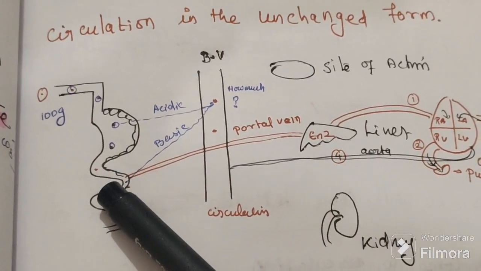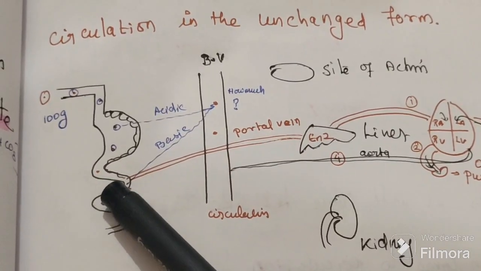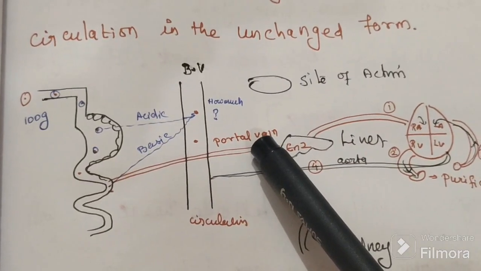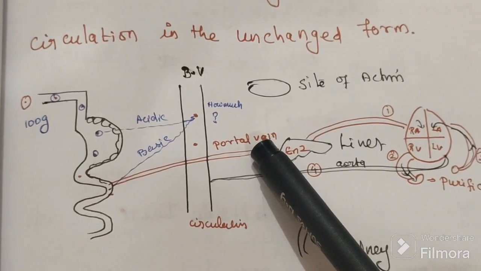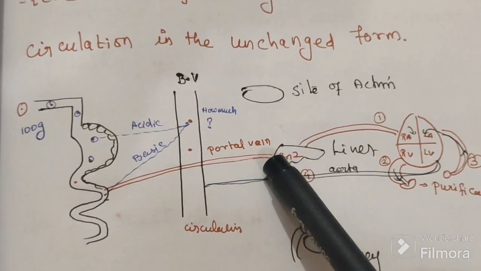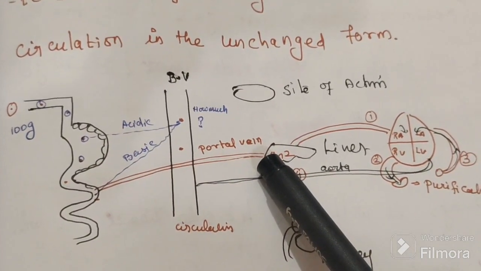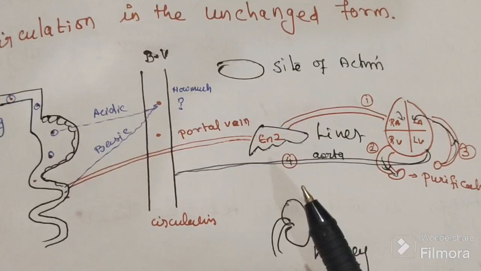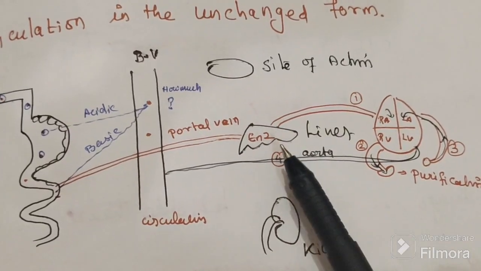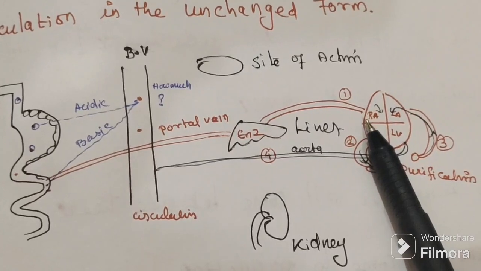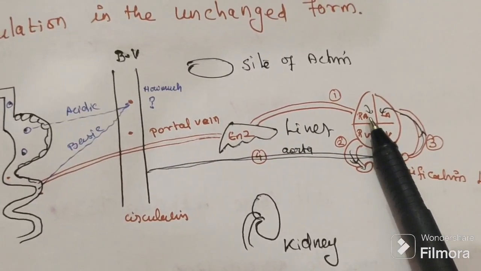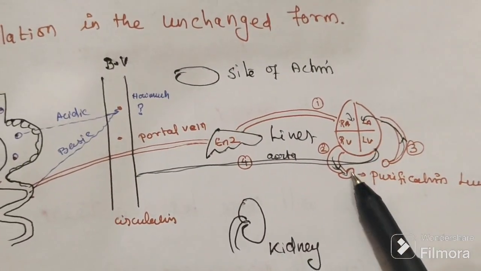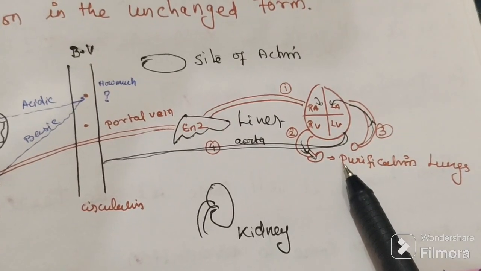From the intestine there is a portal vein, which goes to the liver. From the liver, it goes to the right side of the heart. From the right side of the heart, it goes to the lungs for purification.